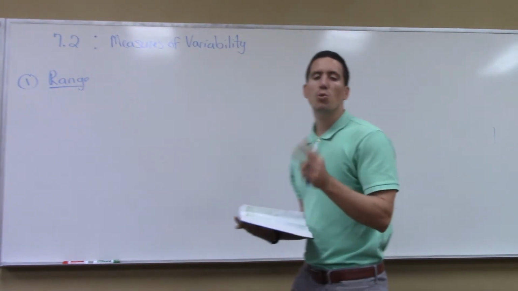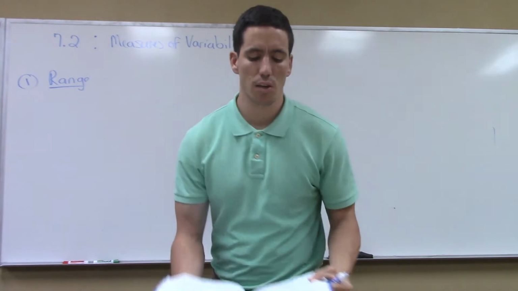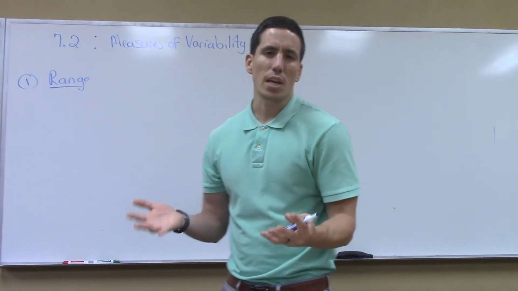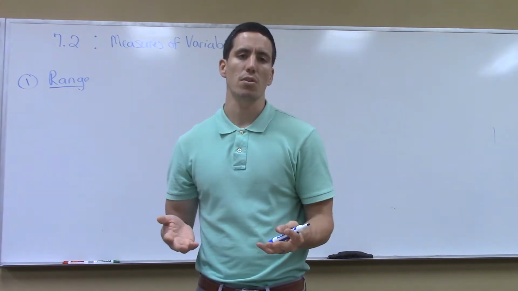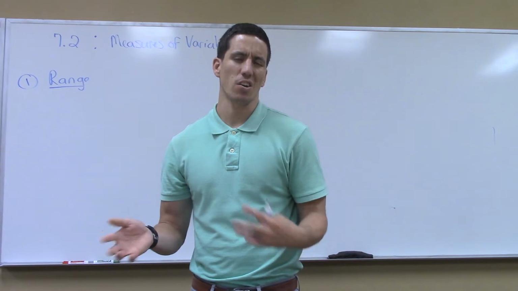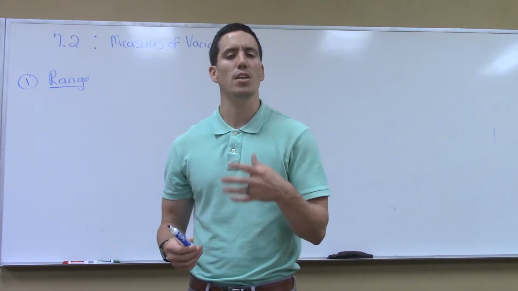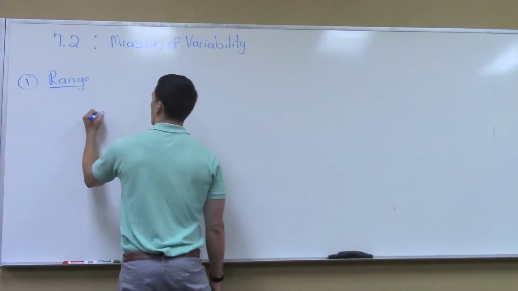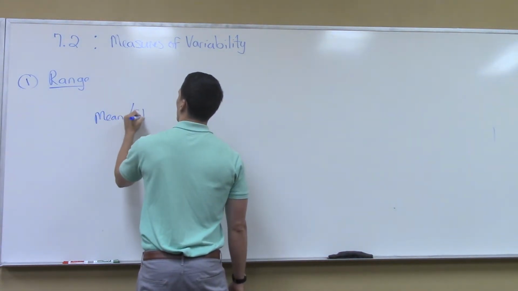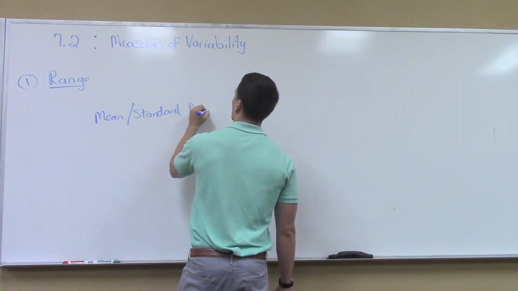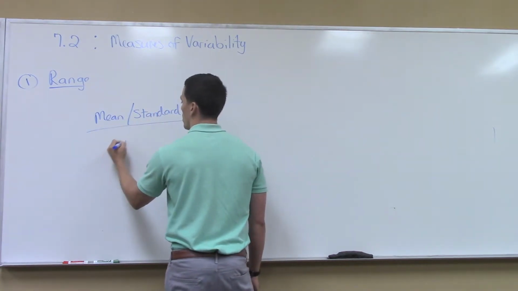There's really just 2 things I want you to know about mean and standard deviation in terms of how to interpret them, because if you just have the mean or standard deviation but you don't know how to interpret it, then it's pretty much useless and our time in this section is wasted. You need to know something about it. So here's what I want you to know about it. This is both for mean and for standard deviation. I'm going to abbreviate DEV for deviation.